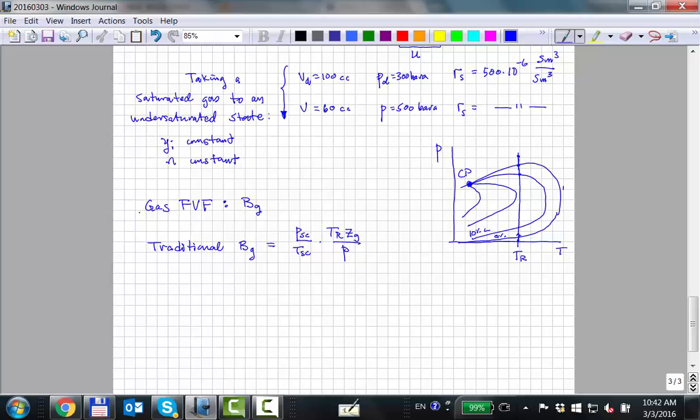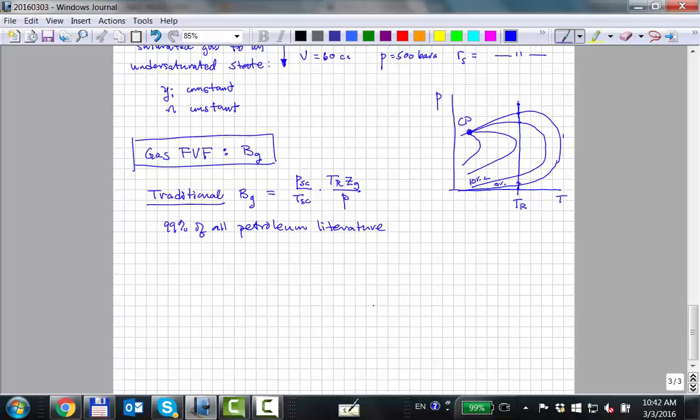The point here is that this gas formation volume factor is the traditional one. This is what you find in 99% of all petroleum literature. It is this equation.